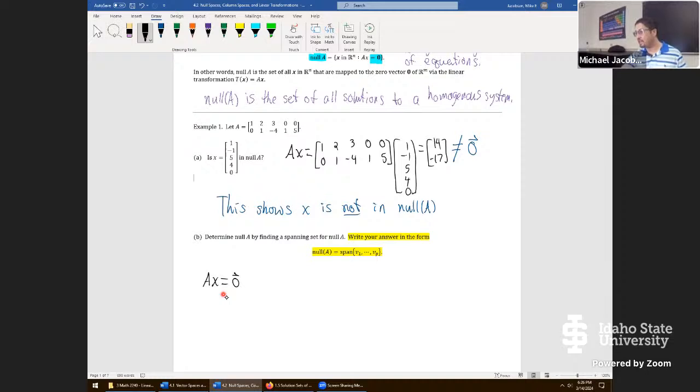So let's go and say this has augmented matrix that goes this way. Let's copy A again. It goes 1, 0, 2, 1, 3, negative 4, 0, 1, 0, 5, and here's the part that's augmented with the 0 vector.